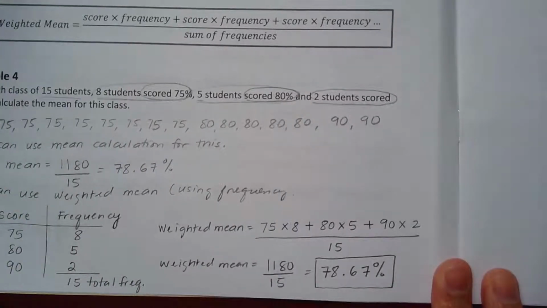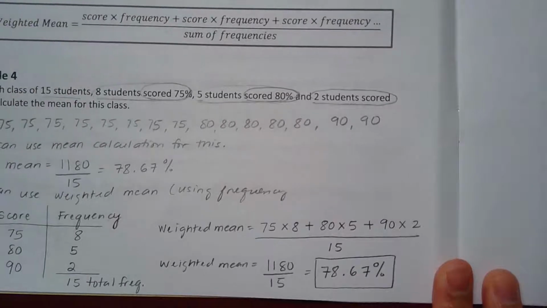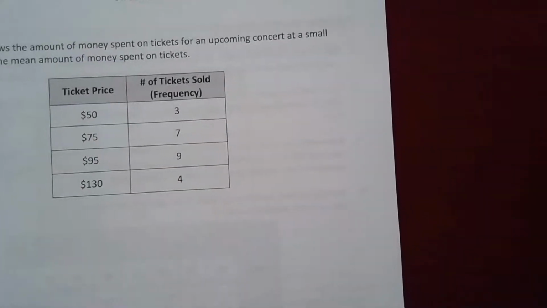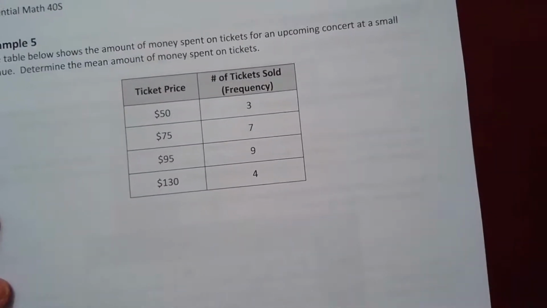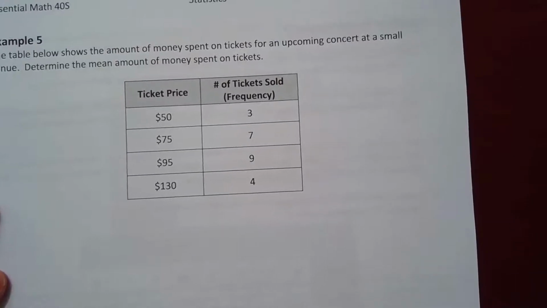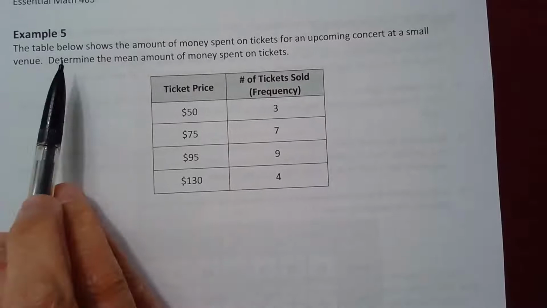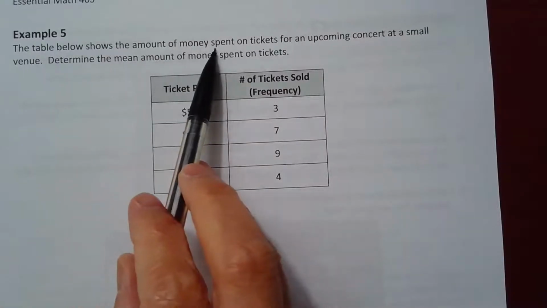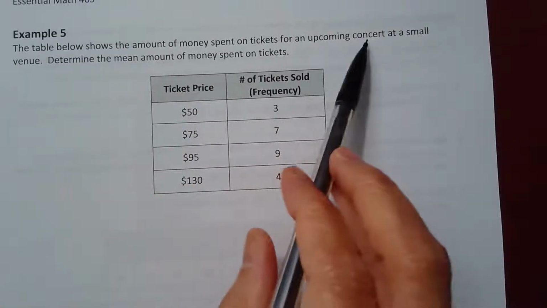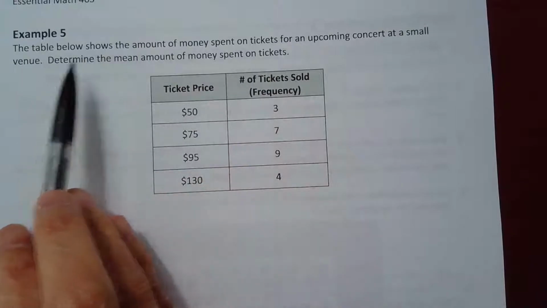Okay, so let's do the last example here. Last example would be: the table shows the amount of money spent on tickets for an upcoming concert at a small venue.